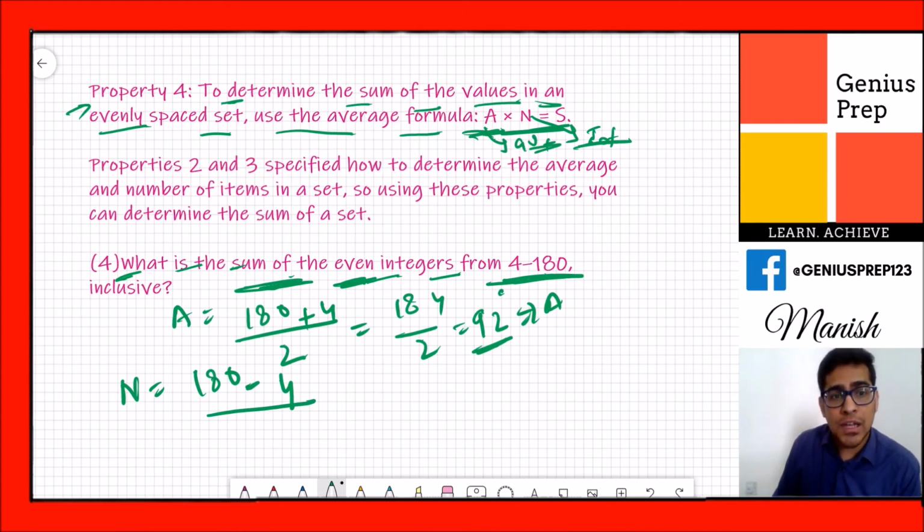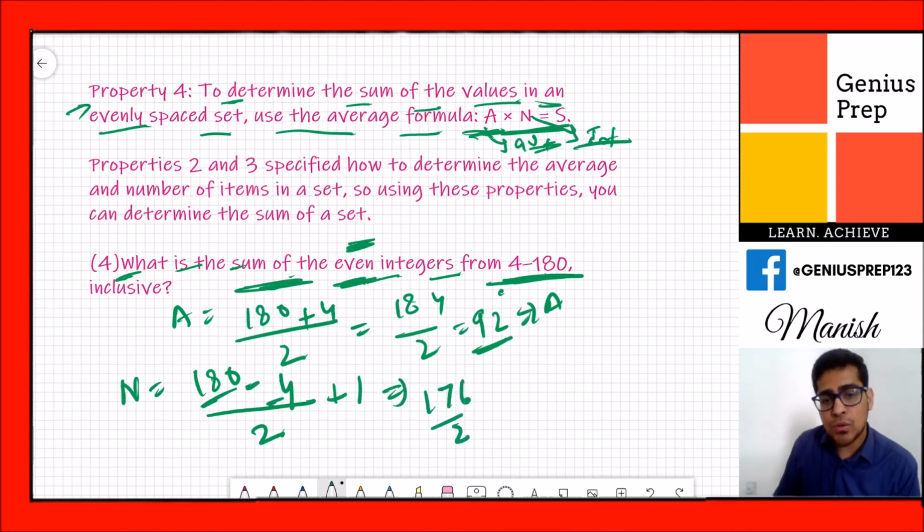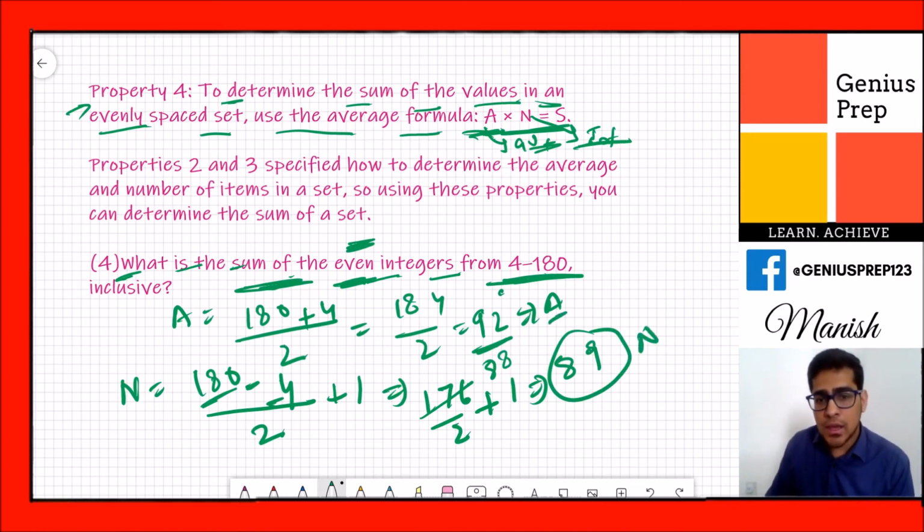Because we are talking about even integers, the increment will always be 2, plus 1. So 180 minus 4 is 176, divided by 2 is 88, plus 1, which is 89. So we have A is 92 and n is 89.